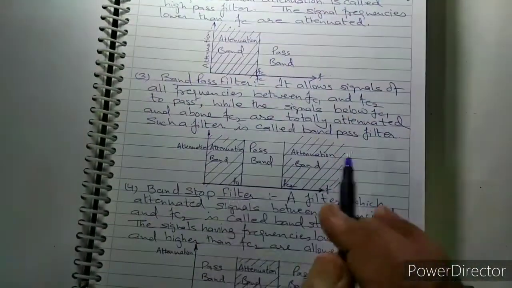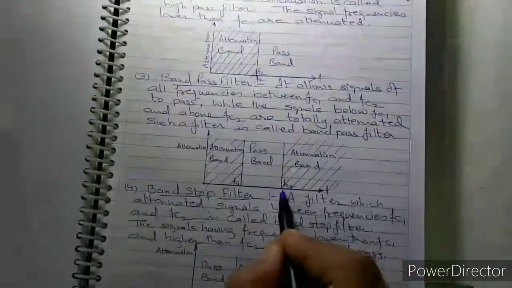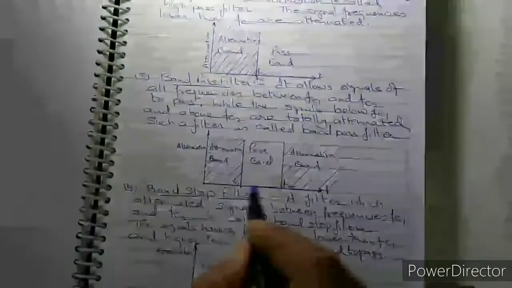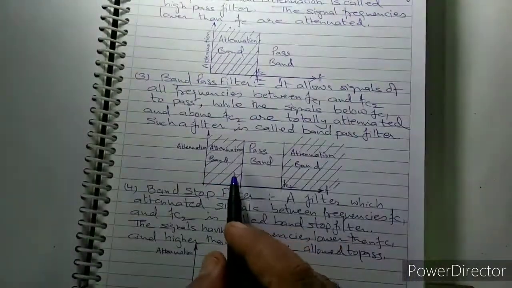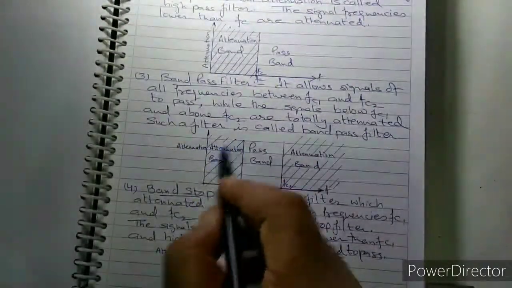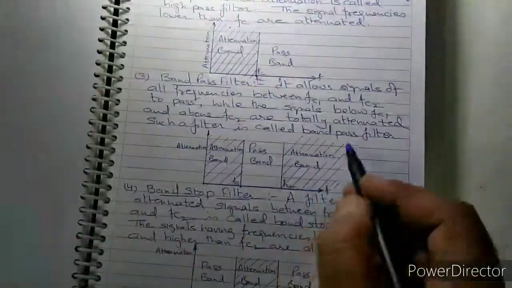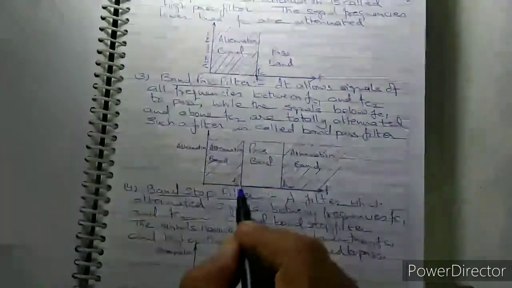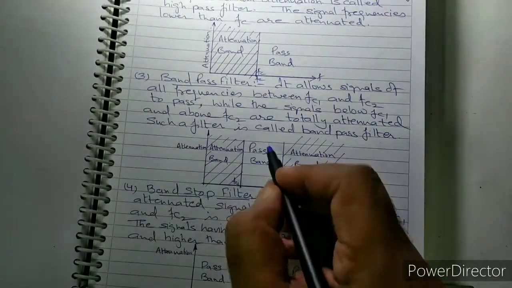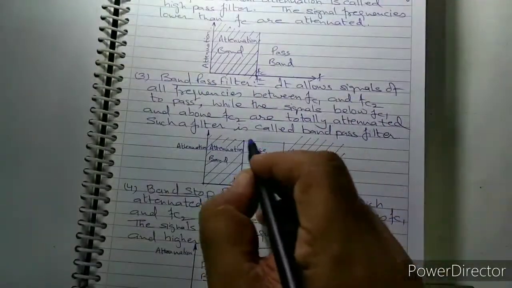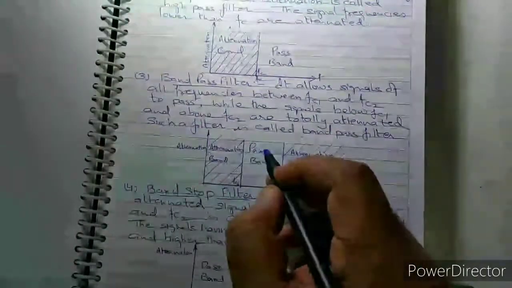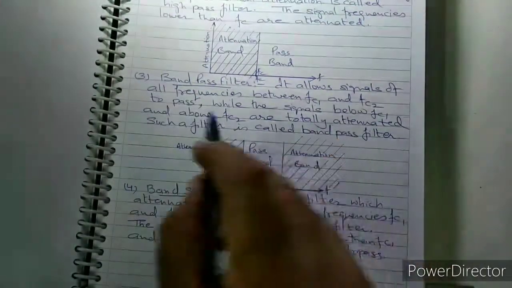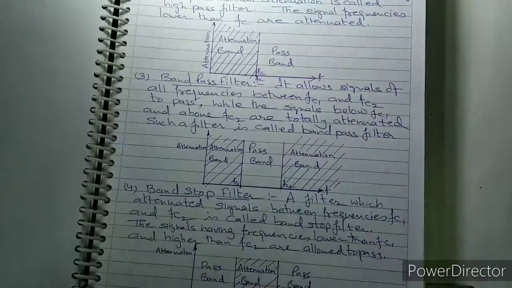We can see here, this is FC1, this is FC2. Frequencies below FC1 are attenuated and above FC2 are attenuated. From FC1 to FC2 is the pass band. So only this band is passed through the filter. Therefore, this is called band pass filter.